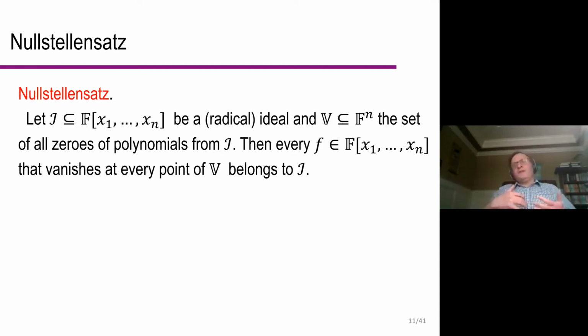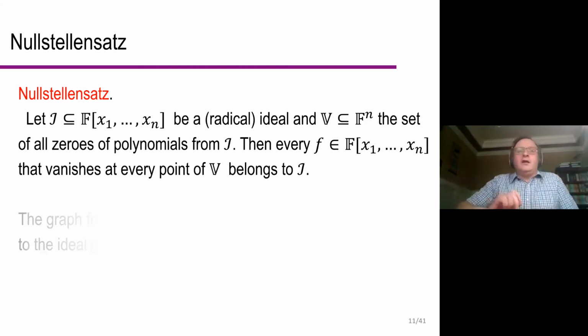So in a sense, for ideals of this type, radical ideals, the set of zeros of polynomials in the ideal determines the ideal. Okay, and in that sense, I can replace the ideal with a variety, which is just a bunch of points.